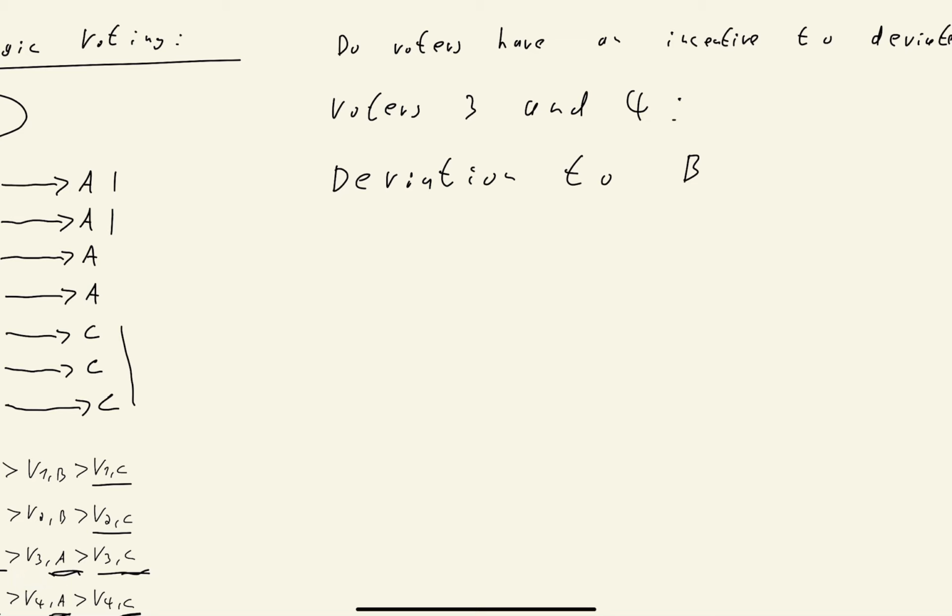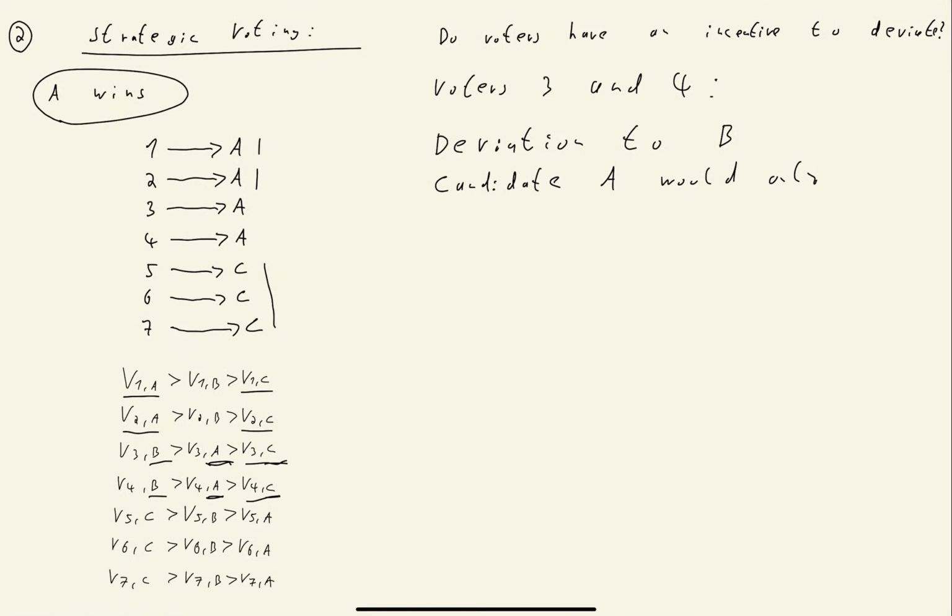So here, candidate A would only win with 50% probability as opposed to 100%.